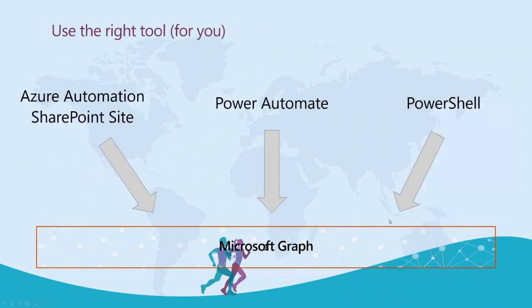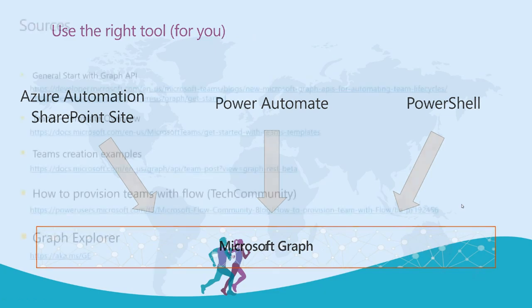The last part is to use the right tool for you. So decide it, make your choice, but please always use Microsoft Graph. Once again, Graph API is the very important part. It's underlying everything from Microsoft 365.